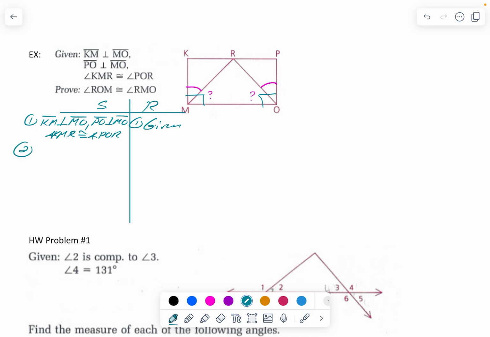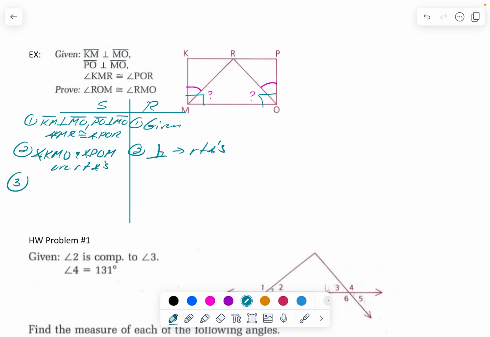All right, so what we need to say is, before we can say complementary, we have to have right angles. So remember, perpendicular means right angles. So we're going to say angle KMO and angle POM are right angles, and that's because perpendicular means right angles.